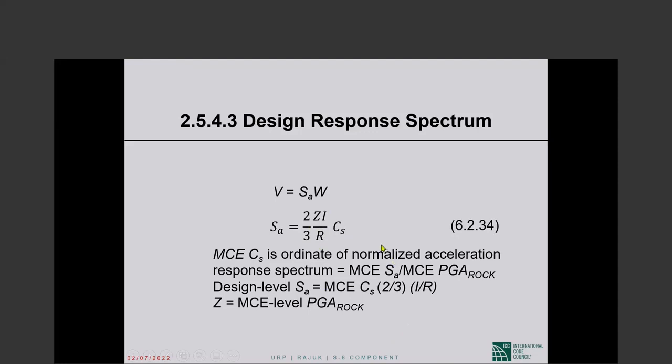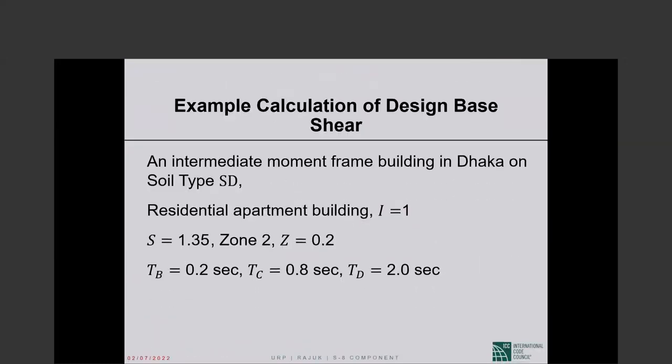I spent quite a bit of time on this, and hopefully you will gain something from it in relating AC7 and BNBC. So V is equal to S sub A times W, and S sub A is given by 2/3 Z I over R times C sub S.